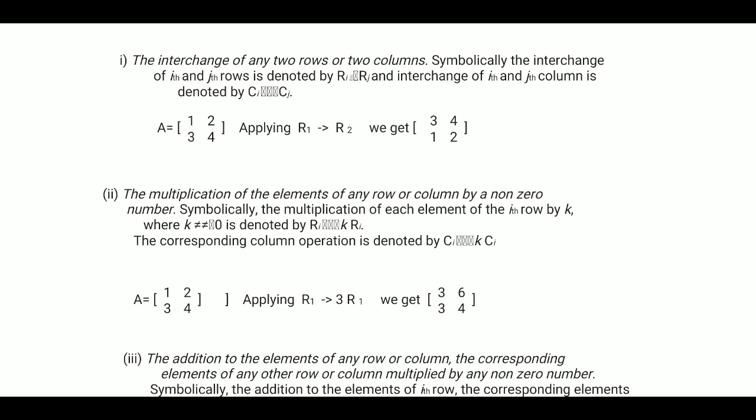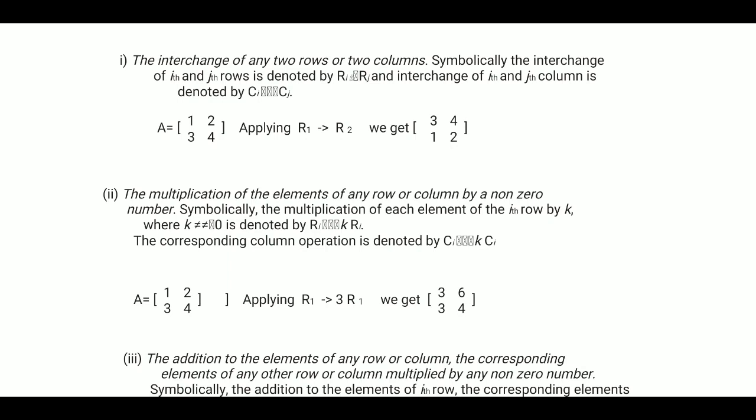Similarly, second transformation: the multiplication of the elements of any row or column by a non-zero number. We can multiply by a constant the elements of any row or the elements of any column.